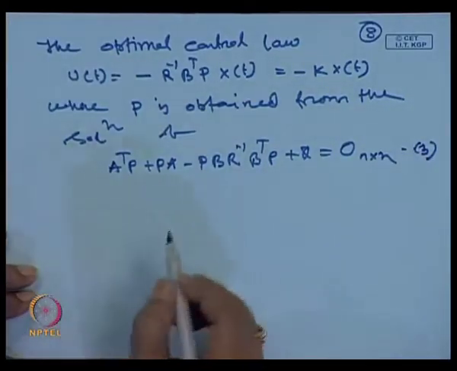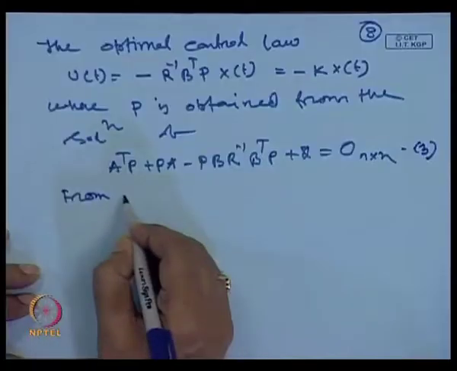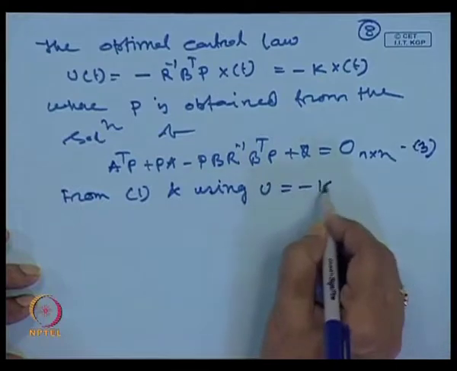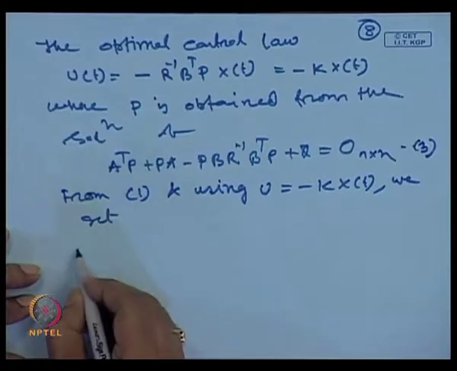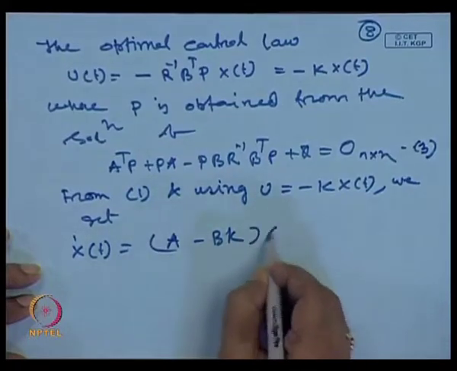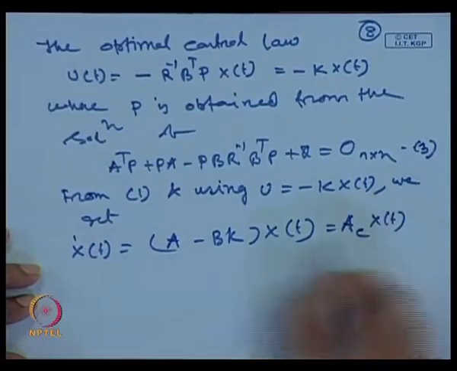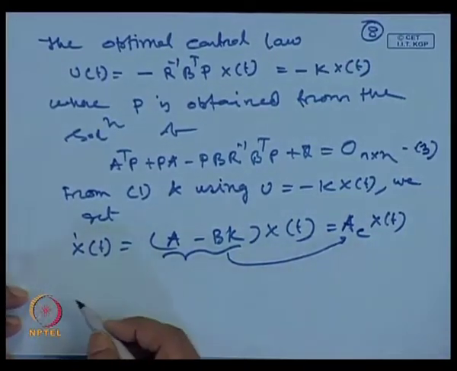So, now what is the closed loop system equation? In system equation 1, you put u is equal to minus k x, and using u is equal to minus k x, we get x dot is equal to (A minus B k) x of t, and this is nothing but the closed loop system, denoted by A_C. Agree?